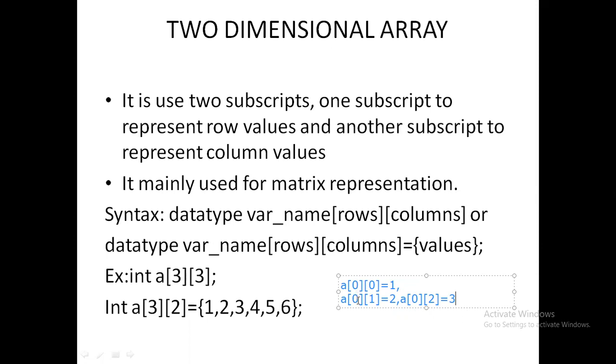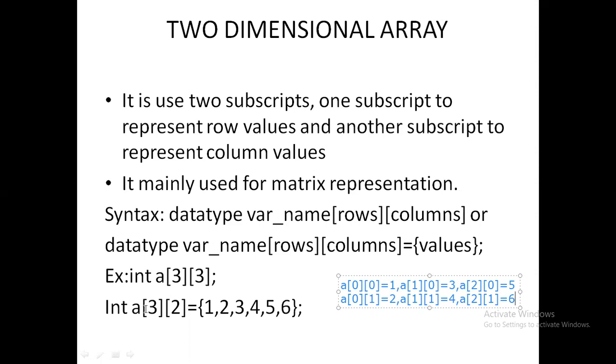This is the way they will be initialized. a of 1 comma 0 is equal to 3. a of 1 comma 1 is equal to 4. a of 2 comma 0 is equal to 5. a of 2 comma 1 is equal to 6.